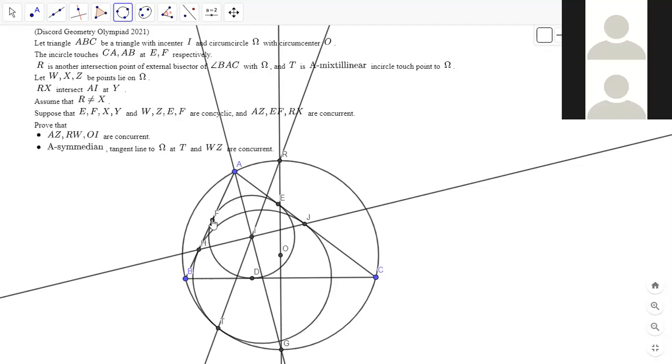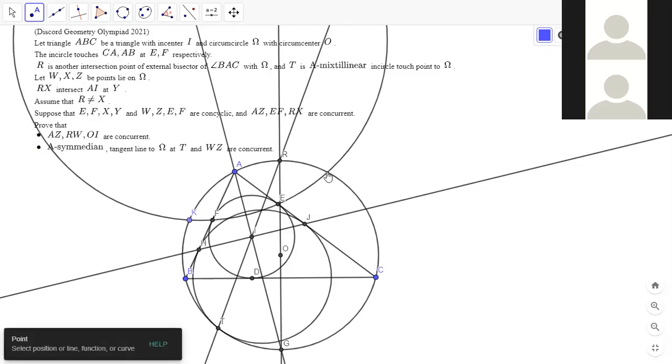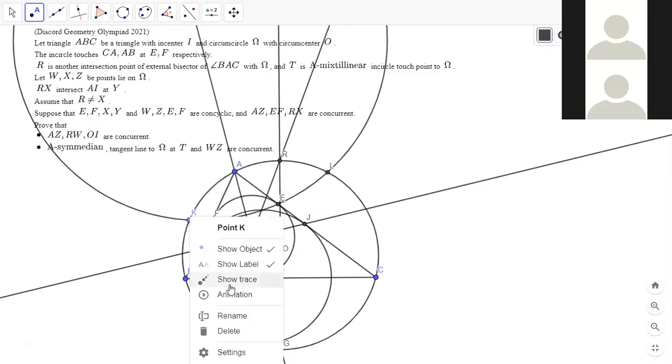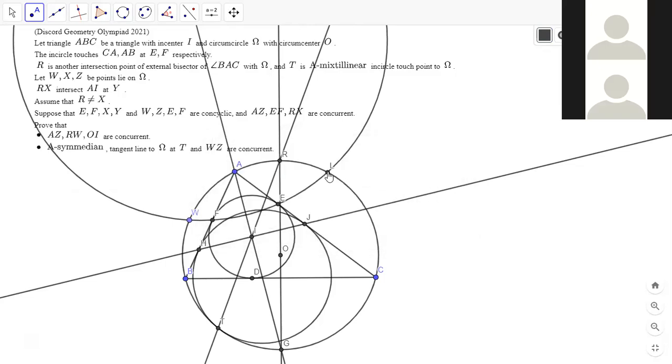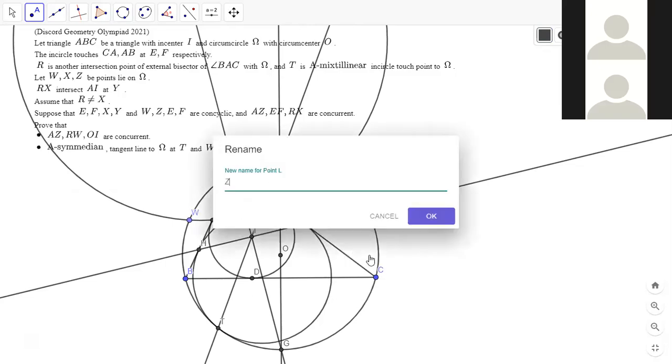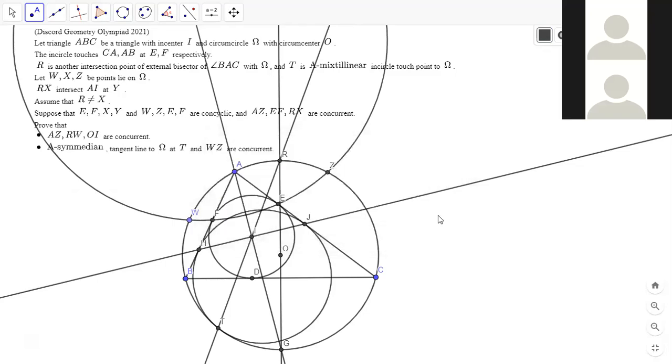So let's see. So how do we do this? So we could call this W and that Z. And it says RX intersects AI at Y. So there's some other point X and it intersects AI.